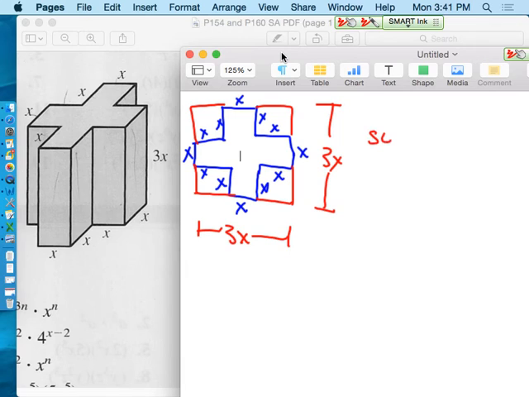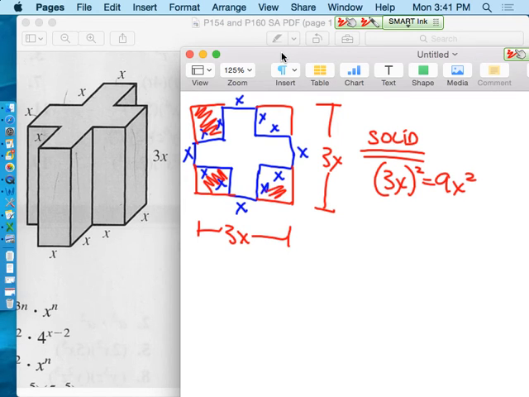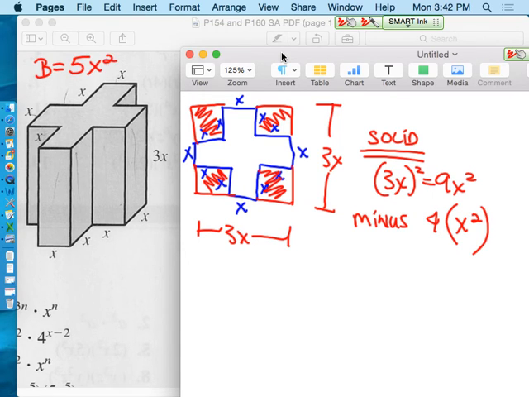So my solid area would be 3x squared, which is 9x squared. But then I would have to subtract out the little pieces that I've cut out. Each of these pieces is an x by x. So I would subtract 4 cutouts of x squared. That means the area of my base is going to be 5x squared.